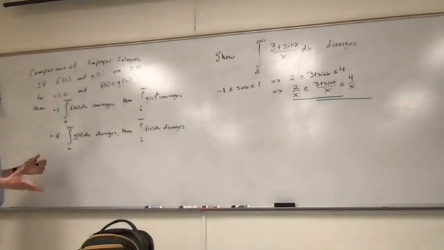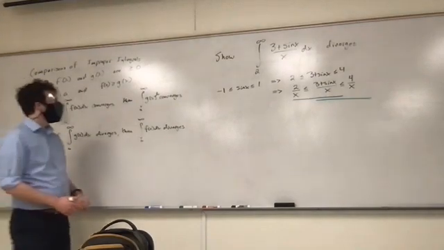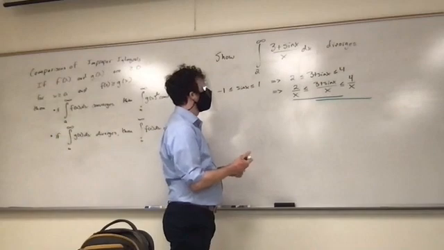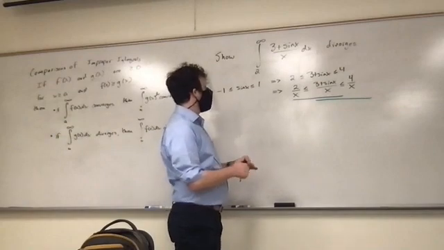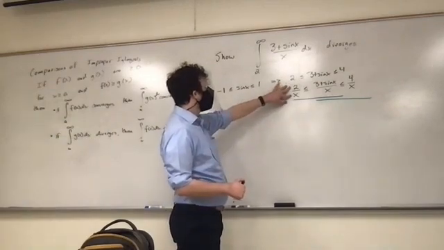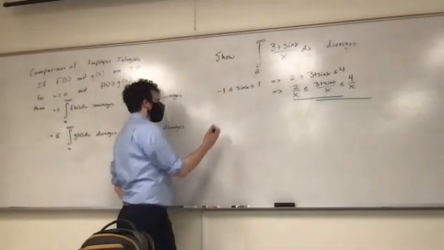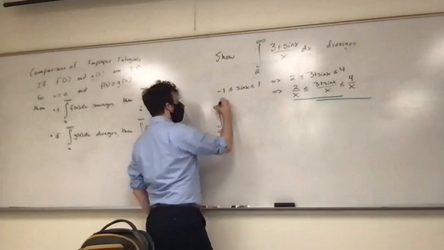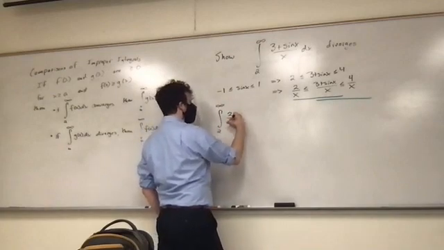And how the decision goes is we'd say, well, 2 over x. Does this thing converge or diverge?